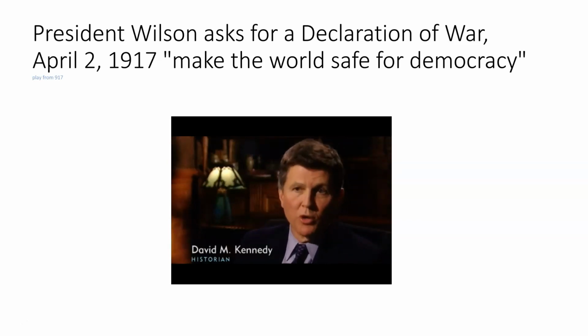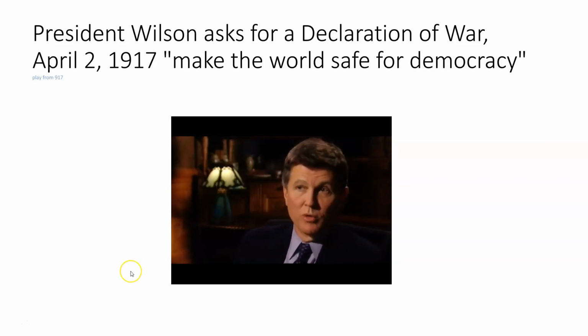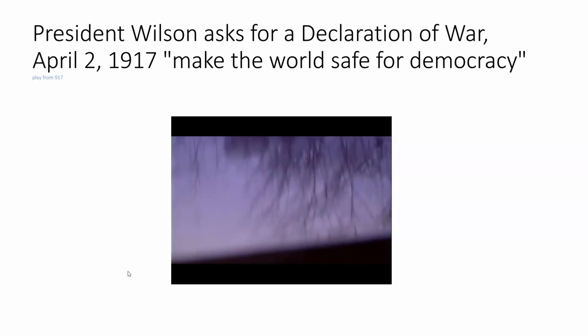I would argue all to the contrary, that Wilson, number one, had no real alternative but to cast the war on this plane of idealism, because none of his country's vital interests were really at stake. So he had somehow to convince the public that something was at stake here, and what was at stake was the nature of the democratic experiment itself, worldwide.